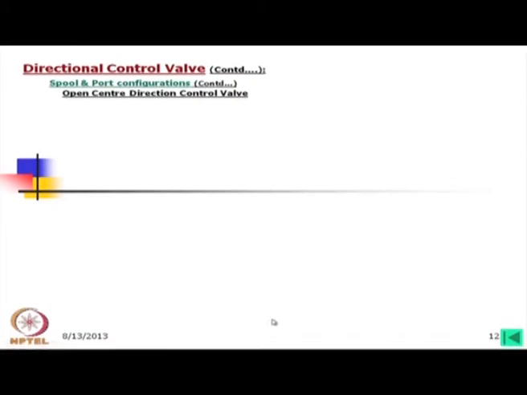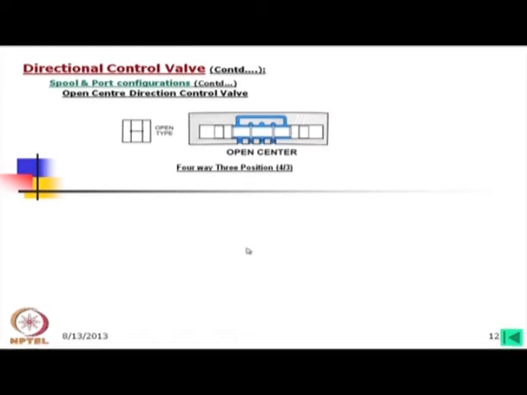Now, again I shall discuss spool and port configuration: the open center direction control valve, DC valve. Look at this, this is open center. As you see, this is the spool, this is the stem and these are the lands. The larger diameter is called the land and this is called the stem.